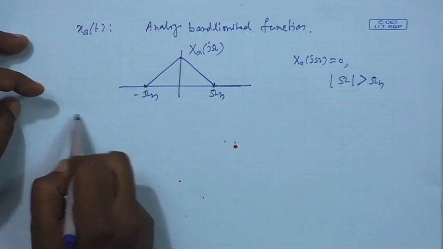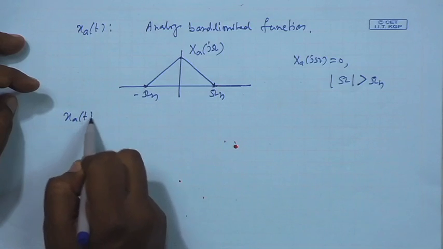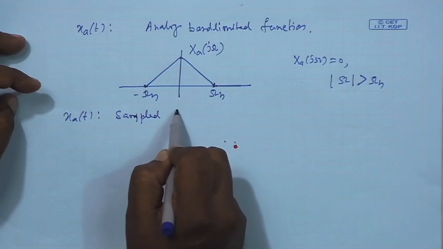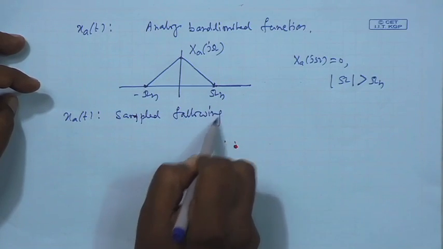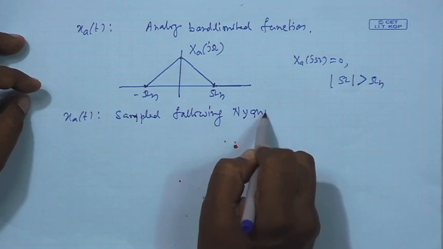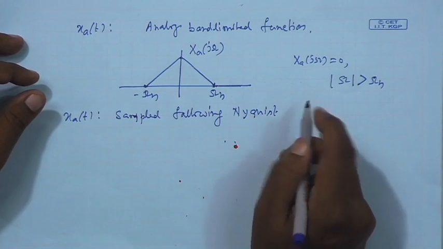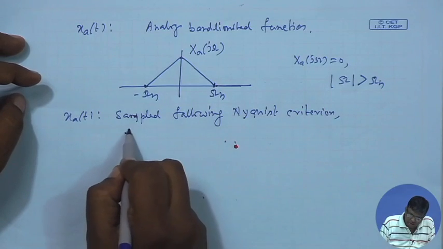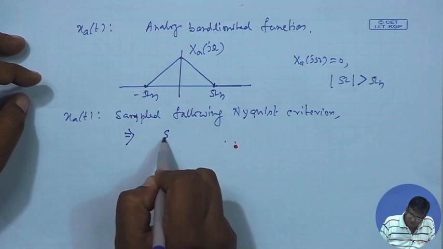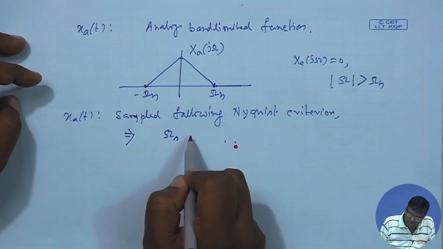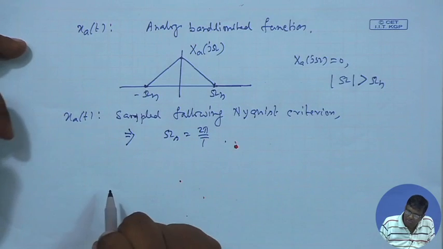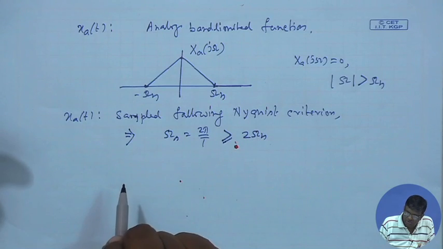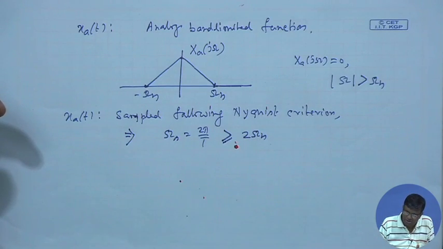And I am sampling x a t following Nyquist criterion, that is analog sampling rate omega s, which is 2 pi by T, T is the sampling period, greater than or equal to twice omega h. So, we have seen it does not lead to any aliasing.